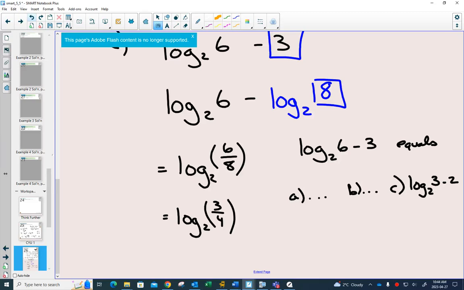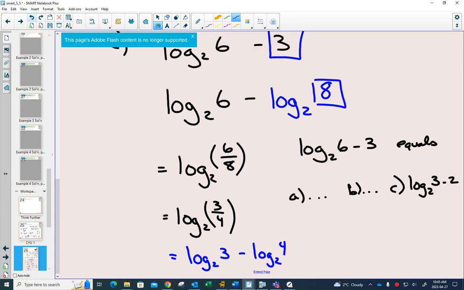Initially, this and this do not look at all alike. And your brain would go, I don't see how those are the same. And you should probably look at them right now and say, I have no idea, Mr. JR, how those two are the same. I'm going to show you right now that if I played around with this one, after I simplified this to 3/4, can you see that I could use my log law of dividing logs inside of a log is subtracting, and I could re-expand it.